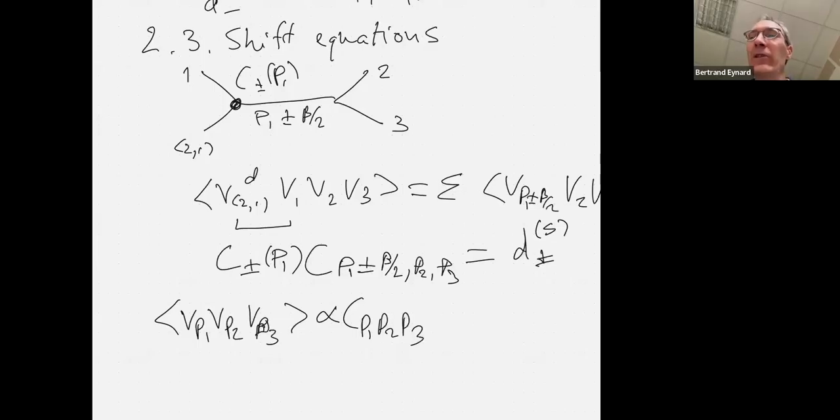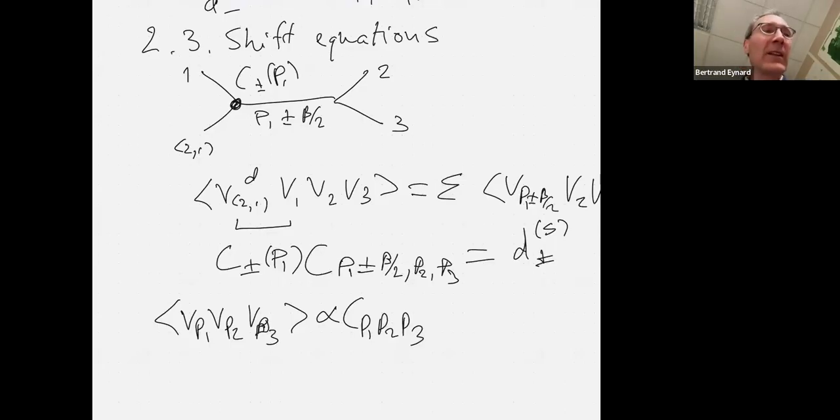And this constraint essentially tells us how C(P1, P2, P3) behaves when P1 is shifted by beta. Now, there is the slightly annoying fact that we still don't know the C plus minus of P1. These coefficients are not terribly important because they just depend on field number 1.